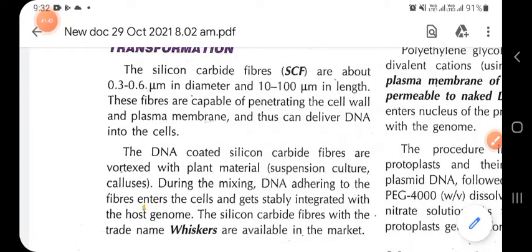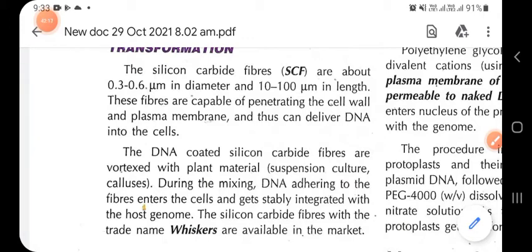Then we introduce the DNA coated silicon carbide fibers into this culture medium and we vortex them, that means mix them. During mixing, as silicon carbide fiber can easily penetrate the cell wall and the plasma membrane, the DNA attached to the fiber enters the cell and gets stably integrated with the host genome.